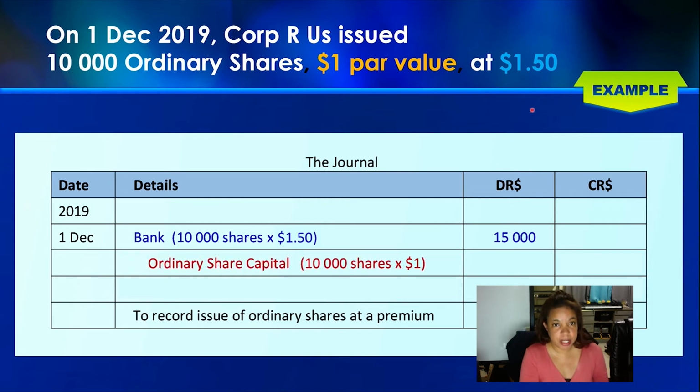Ordinary share capital, remember the formula for share capital, it does not change. It is the number of shares by par value. The par value is $1, so which means we are crediting ordinary share capital $10,000.